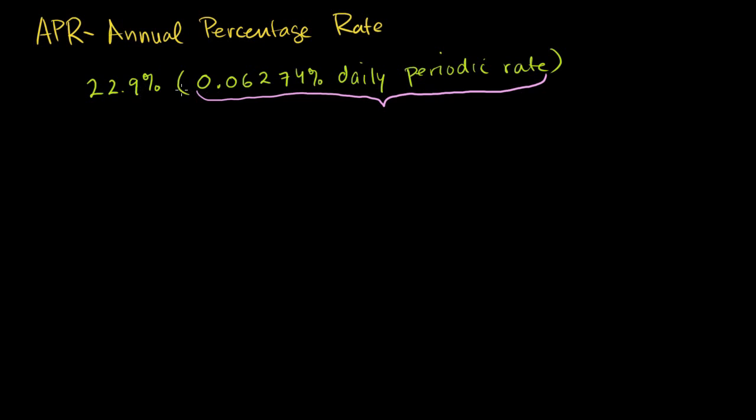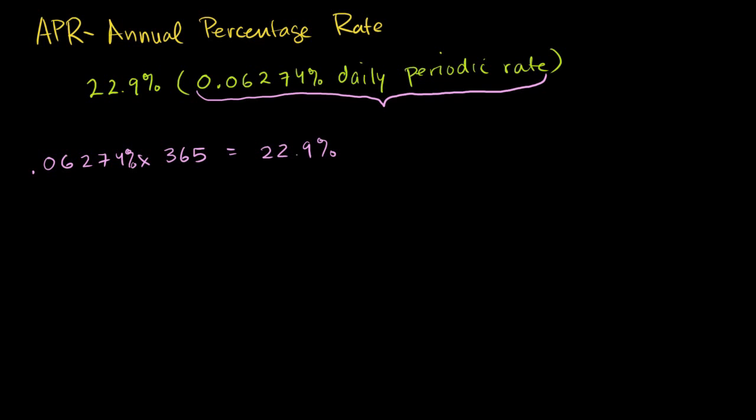So where do they get these numbers from? Well, if you take 0.06274 and multiply by 365 days in a year, you should get this 22.9. This is a percentage here, and this is a percent here.